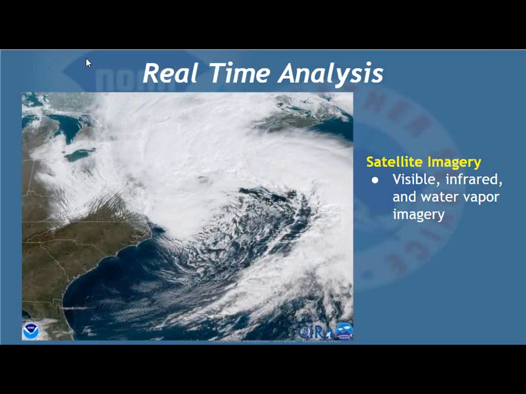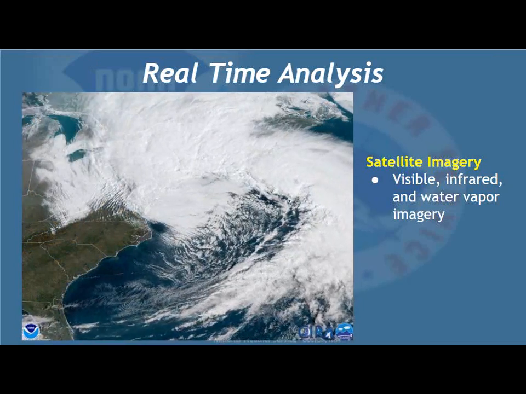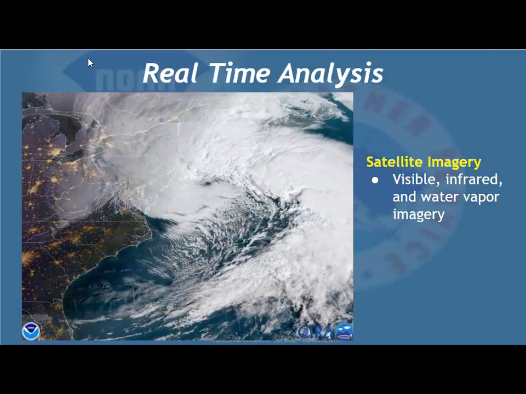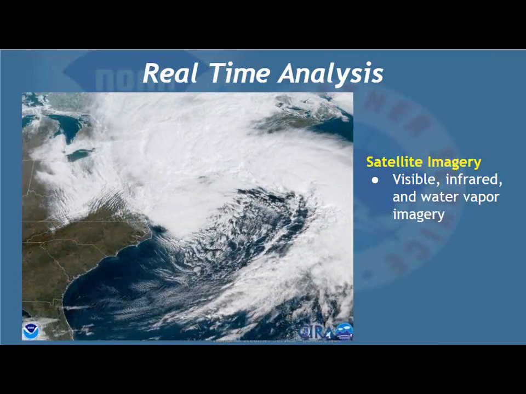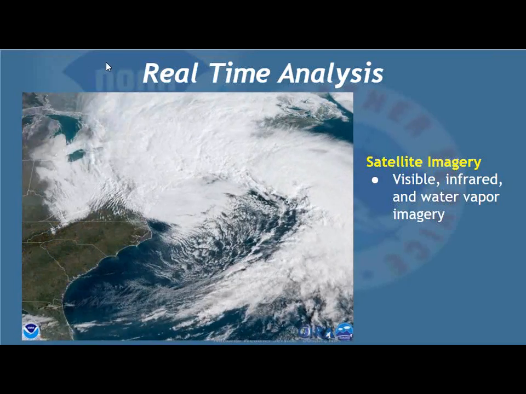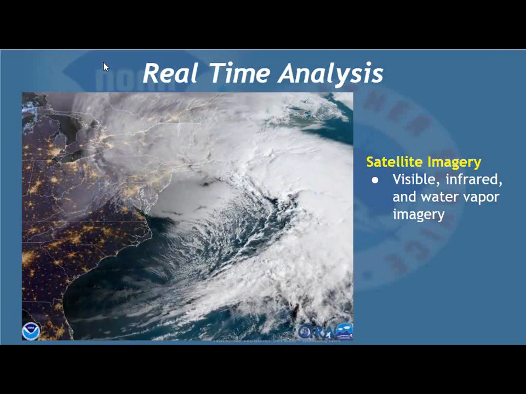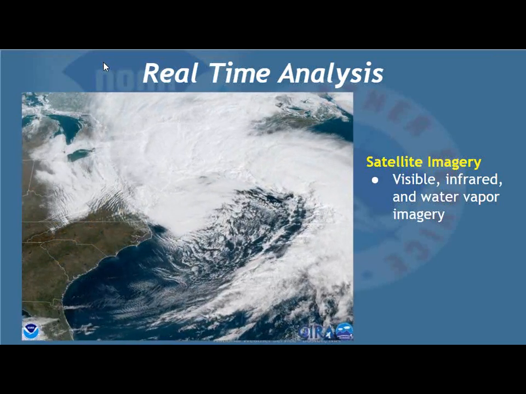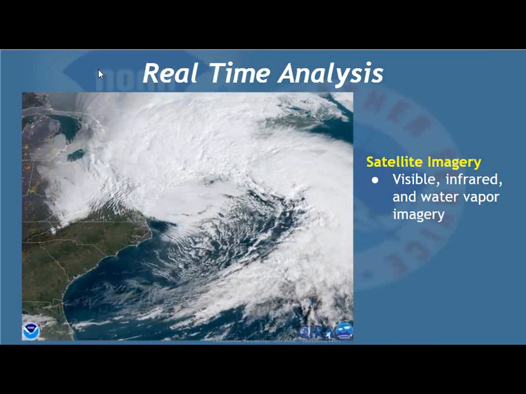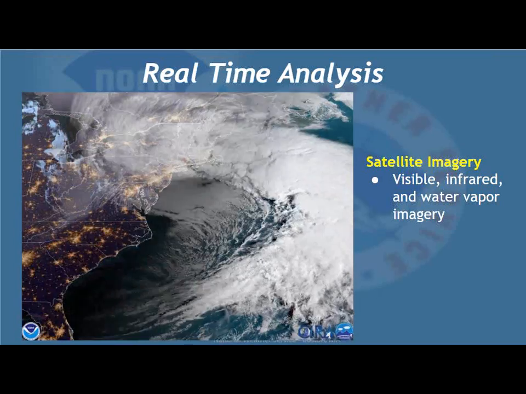You may have heard of the 1 minute interval satellite imagery. In this case you're looking at the visible satellite, and you can see the day transitioning into night. As nighttime approaches, you lose the sunlight and you don't get visible data anymore, but there are different types of satellite data that you can look at.